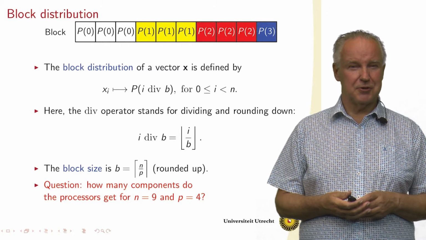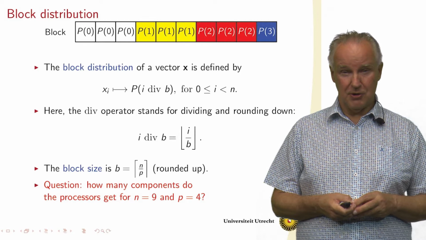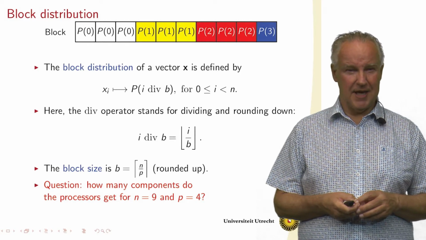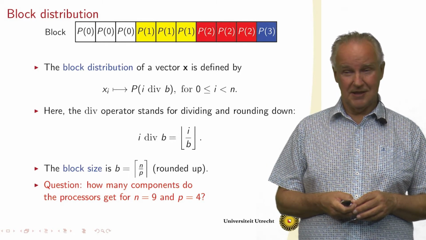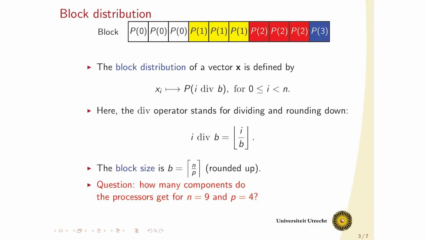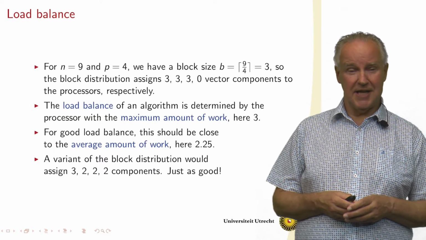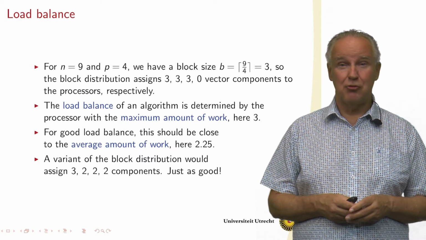So a question to you is, how many components do all the processors get if the length of the vector is 9 and we have 4 processors as before? Well, the answer is that the block size is 9 divided by 4, rounded up.